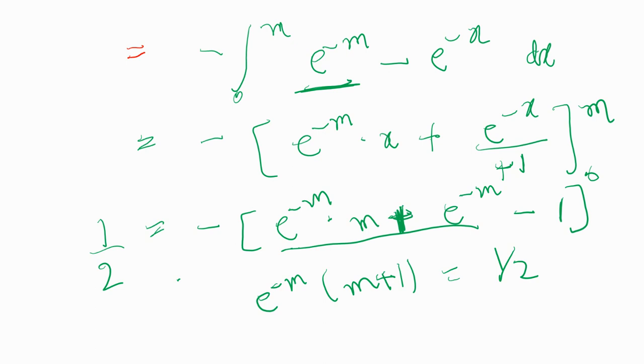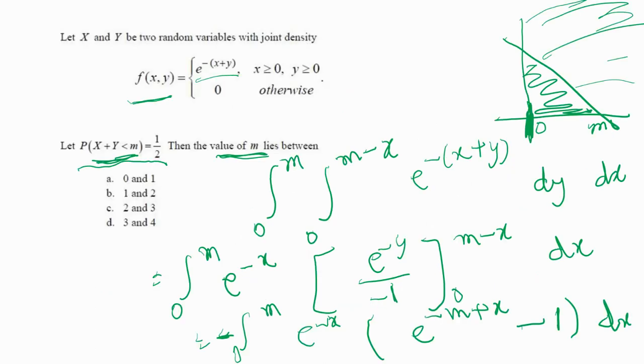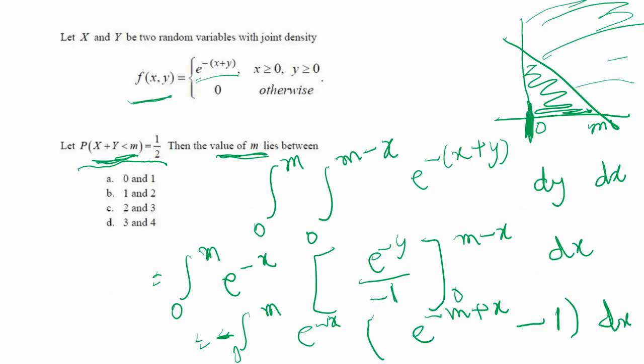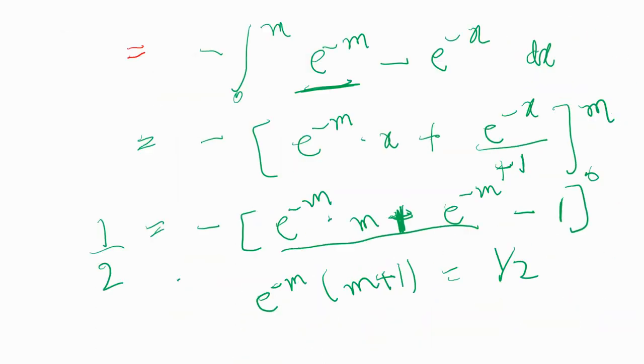Now you need to check what the value is when we put m equal to 0. So m is equal to 0 gives e to the power 0, which will be 1, and then this will be 1 plus 0, which is 1.